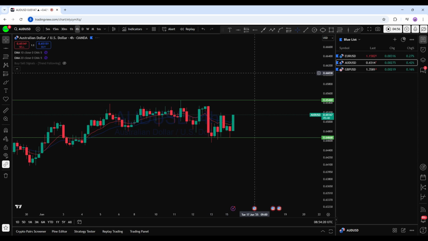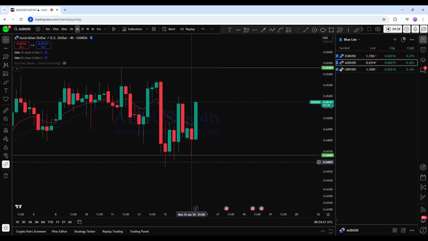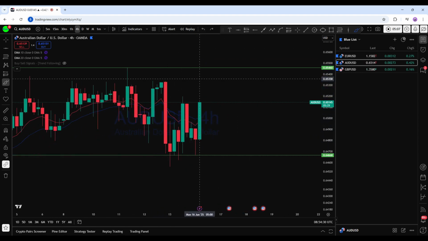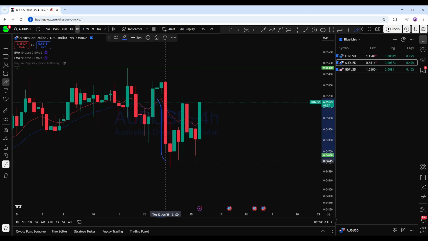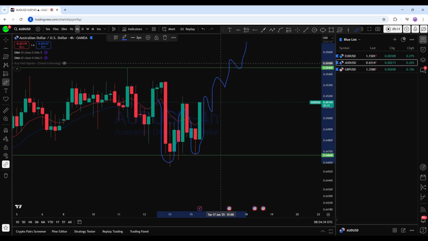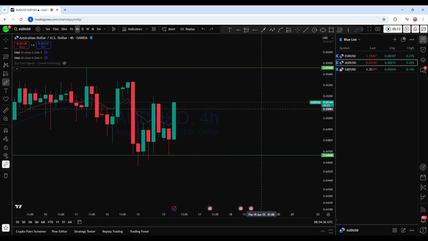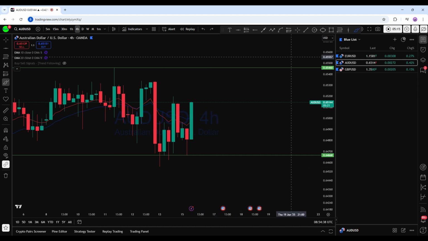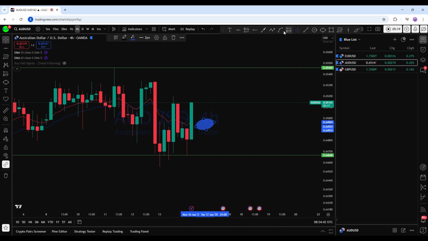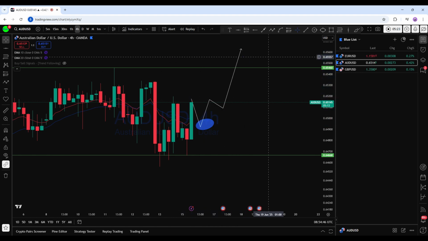Looking at the intraday perspective on the 4-hour chart, this is where there is a liquidity grab and a strong bounce, forming an inverted head and shoulder here, giving a probability for AUDUSD to potentially continue the uptrend. As soon as we find a suitable entry here on AUDUSD, we will be looking to go long with a high probability trade setup.